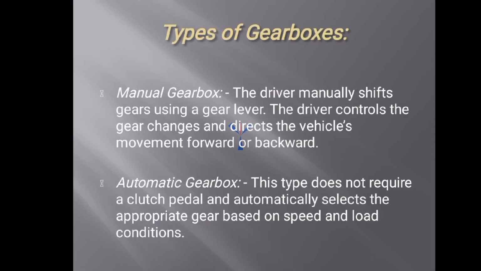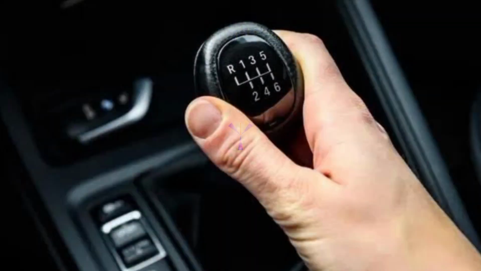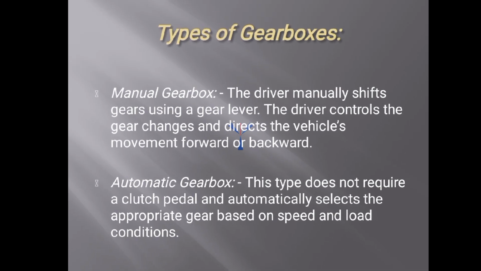The gearbox comes in different types: manual gearbox and automatic gearbox. In a manual gearbox, the driver manually shifts gear using a gear lever. All the cars have this system. In this system, the driver controls the gear change by pressing the clutch pedal and directs the vehicle movement forward or backward using the gear lever.